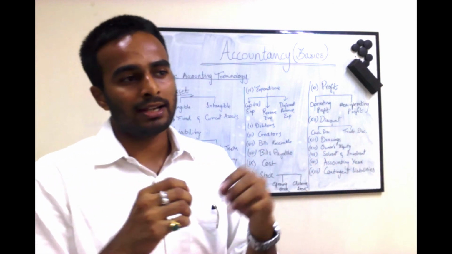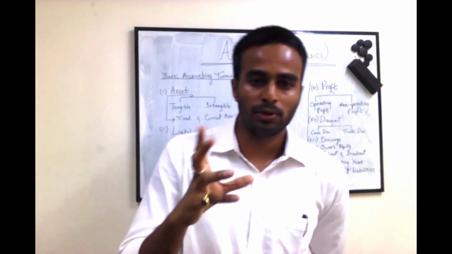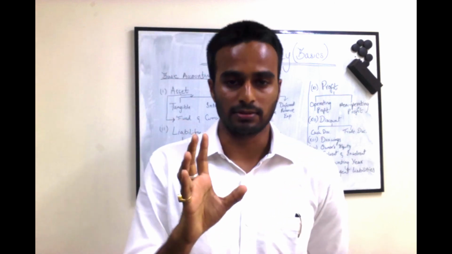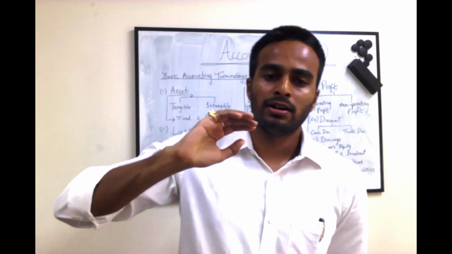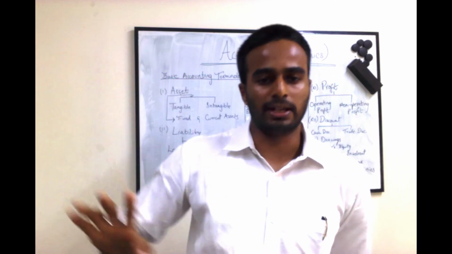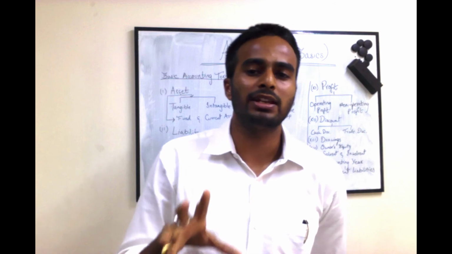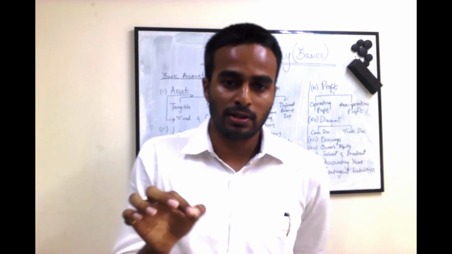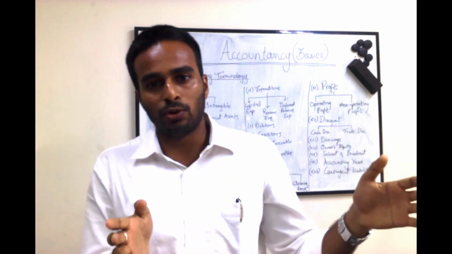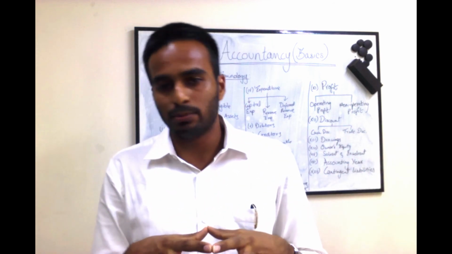Okay, and we follow the concept of going concern. What does that mean? Going concern means that the business will continue for a long time. But how will we know whether we are making any profit or not? How much profit has been made? Which means you have to close the books, meaning up to this year this much has been made. So when will you close the books?